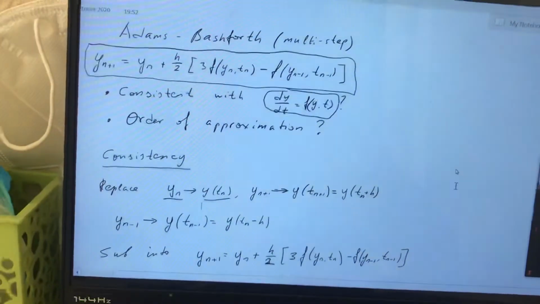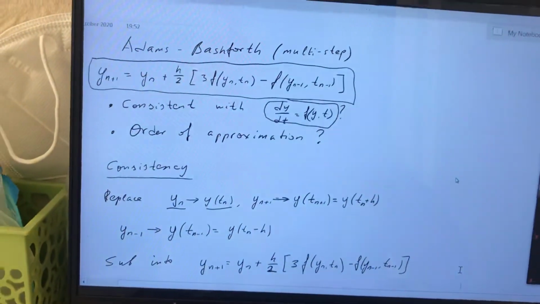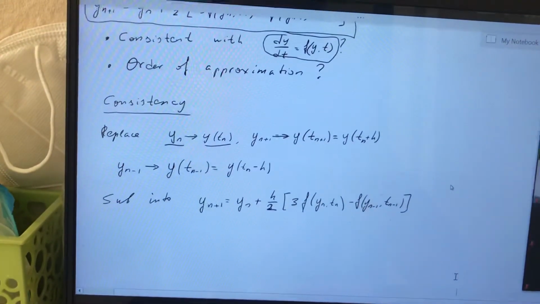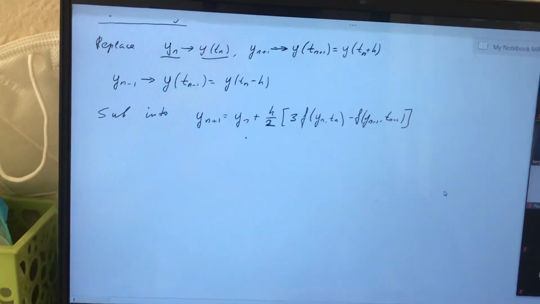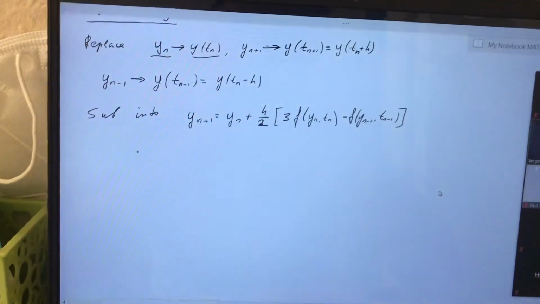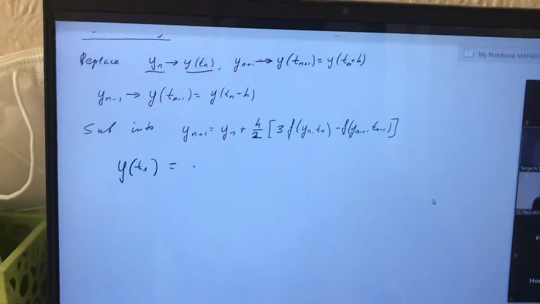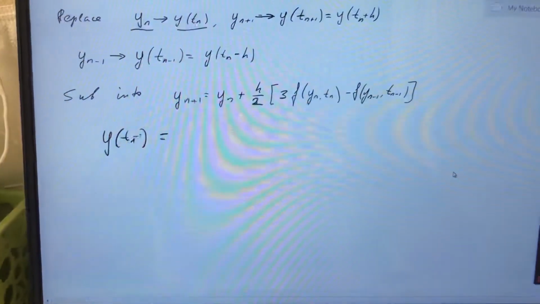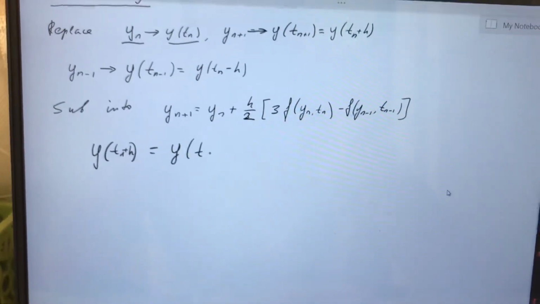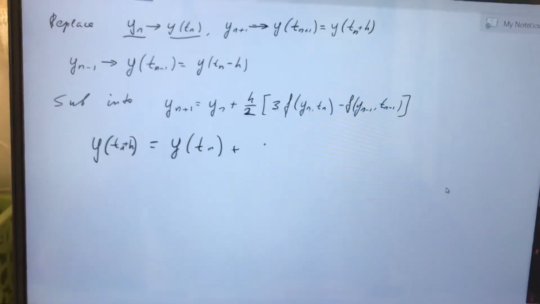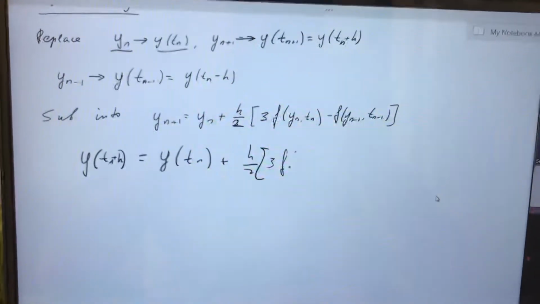Let's see if it actually works. I've copied the algorithm over here. y_{n+1} becomes y at t_n plus h, already made a mistake. y_n becomes y at t_n. h by 2, 3f.